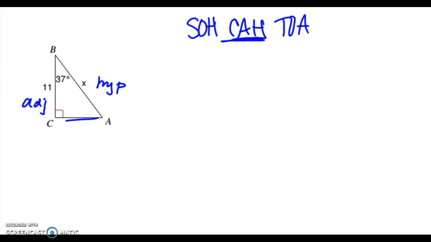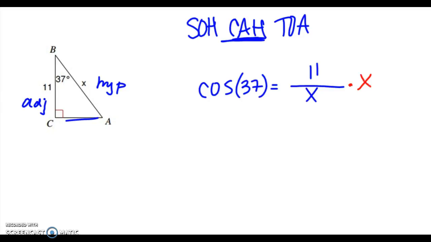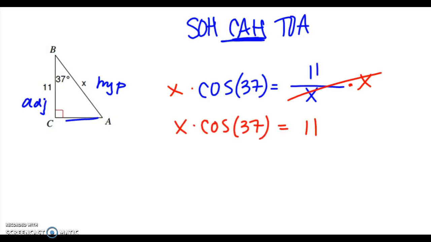So then I'm going to go in cosine of 37 equals adjacent over hypotenuse. And again, notice that the x is in the denominator, so I need to multiply by x to move it up to the top. So that cancels. So I have x times cosine of 37 equals 11.